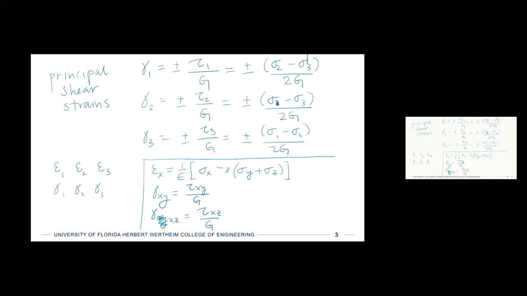So if we want to go back to our cube and think about all of the shear strains that could exist, then you have to add together all of these terms. On our stress cube, we do have normal stresses applied, sigma x, sigma y, sigma z, and then we also have shear stresses applied in those directions. And we want to know the overall strain on this thing. We have to add together the strains from the normal stress plus the shear strains. All right.